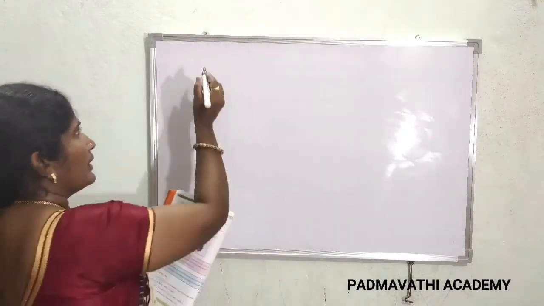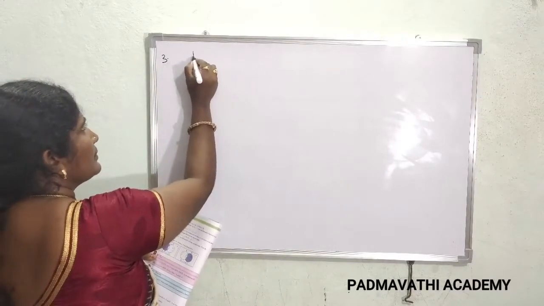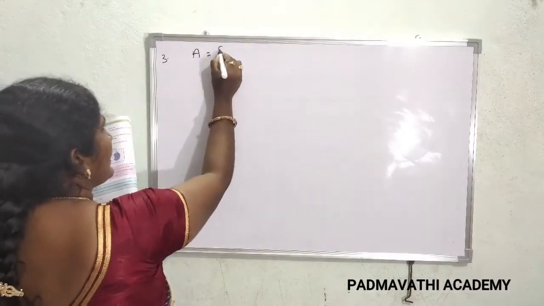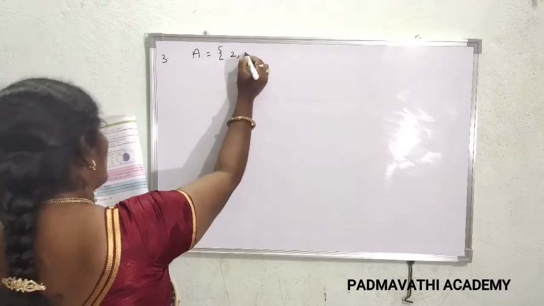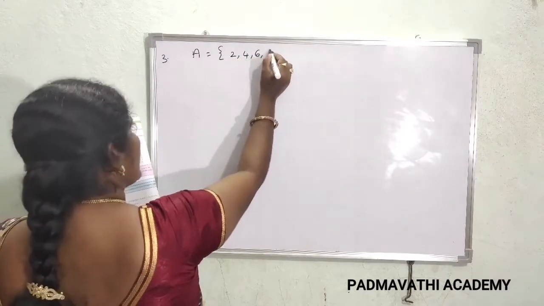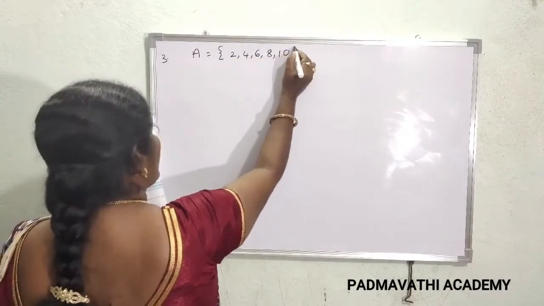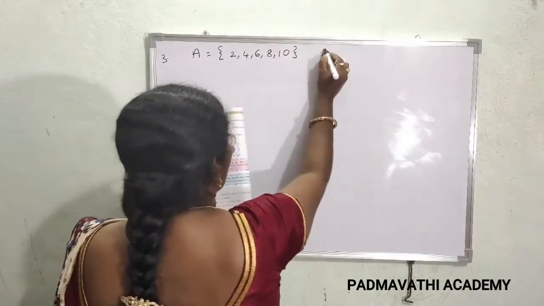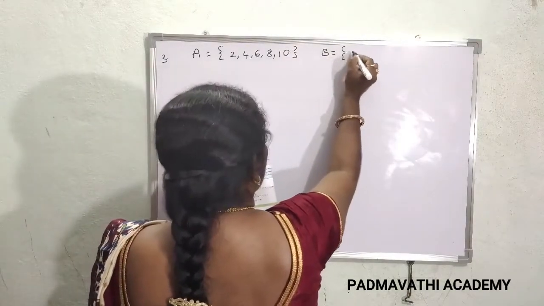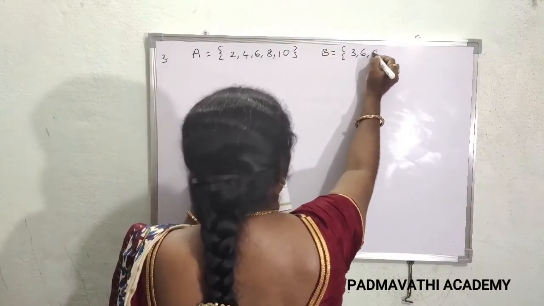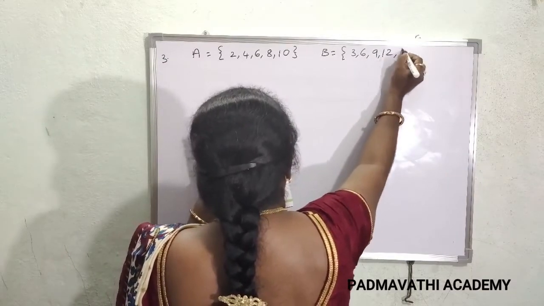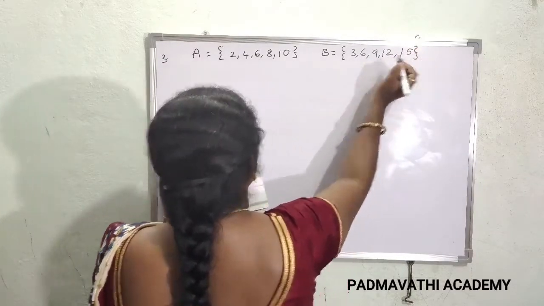Third question, if A is equal to, they give set A is equal to 2, 4, 6, 8, 10 and set B is equal to 3, 6, 9, 12, 15.